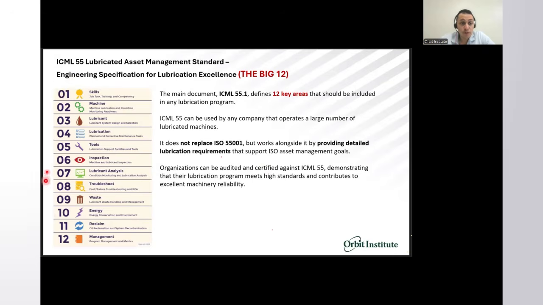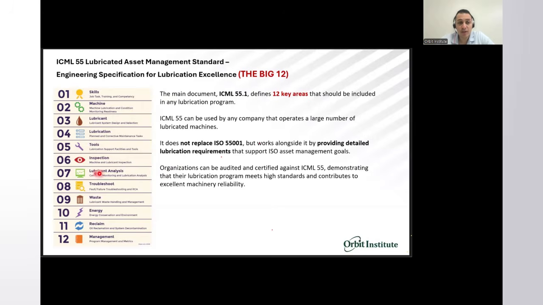Okay, so those big 12 are as the following, as you can see here. You can assess the skills, the job task, training, competency, the machine lubrication and condition monitoring readiness, the lubricant itself, the lubrication system design, selection, the lubrication planned and corrective maintenance action, lubrication support facilities and tools, inspection, how can you do inspection?